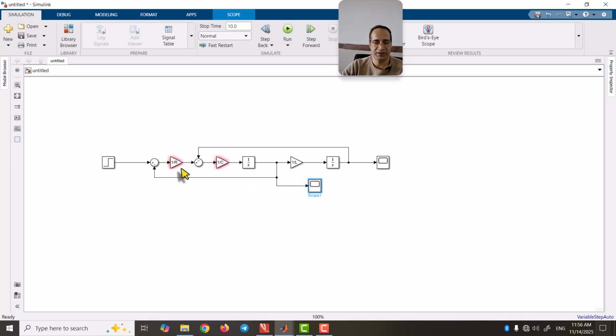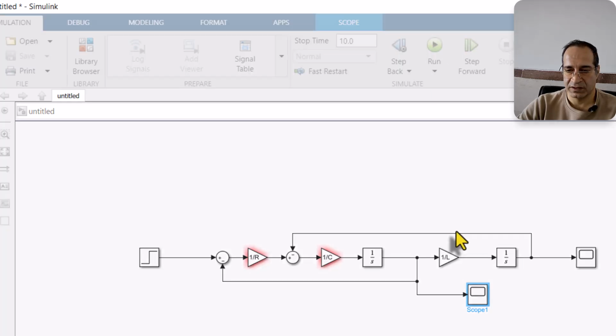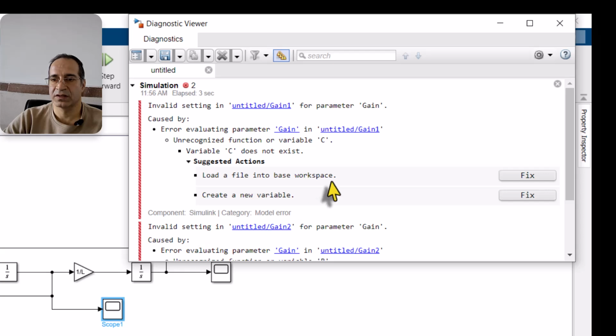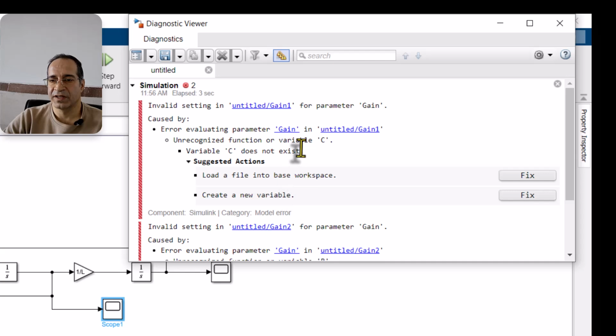But the problem is that our parameters C and L are undefined. If I push the run button here, it gives us an error that says C, R, and L. I don't see the L, maybe L is defined.